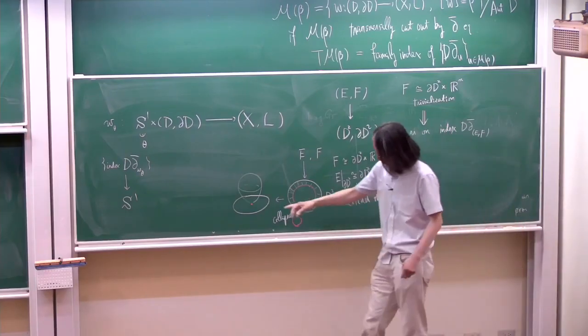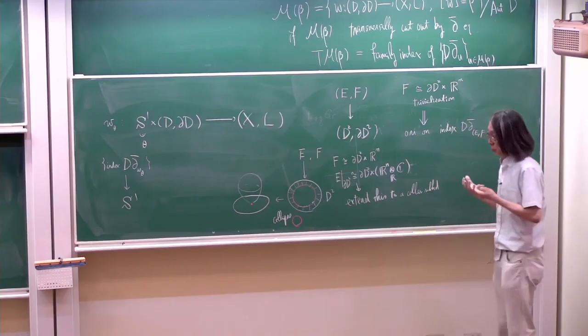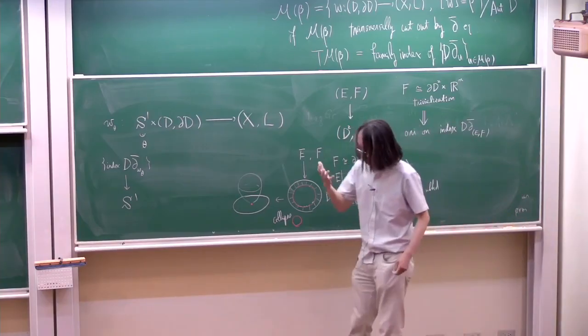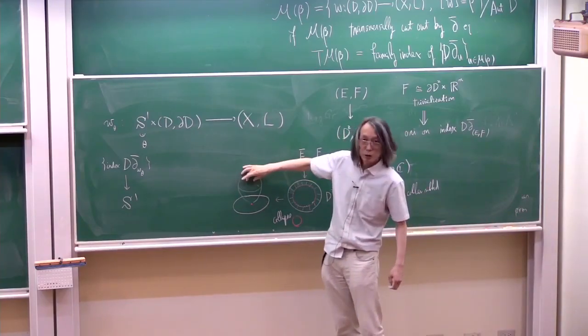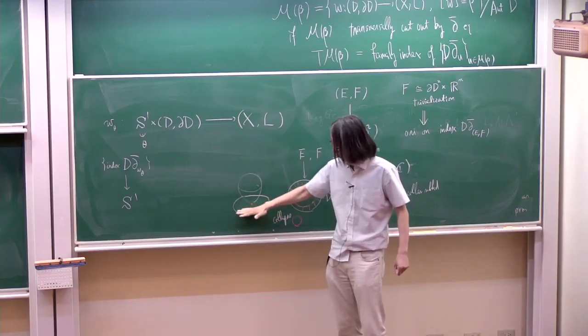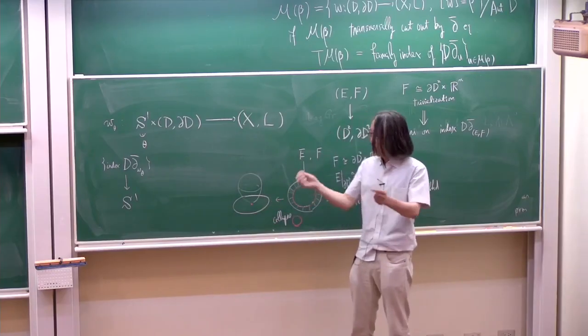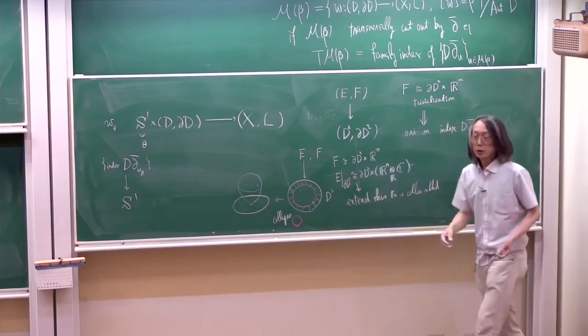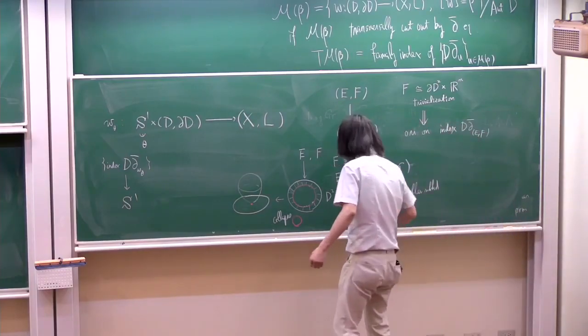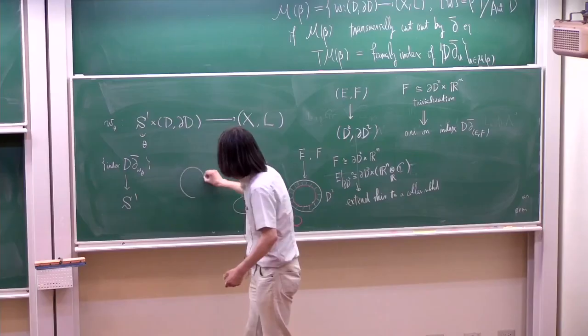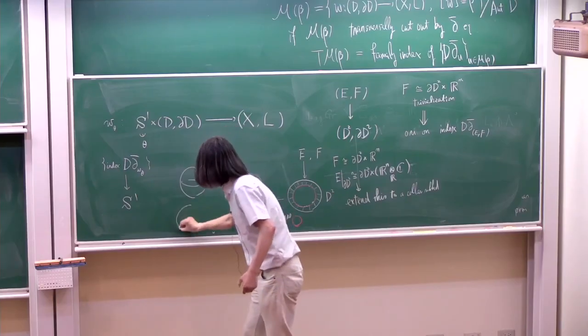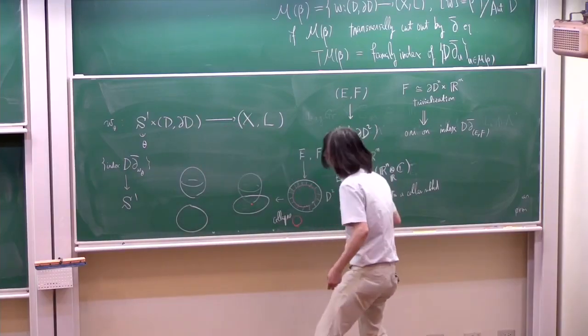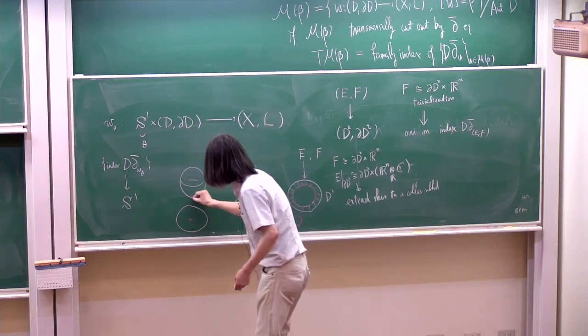Here we can consider a certain Fredholm operator: a D-bar operator on this P1 and a D-bar operator on the disk, and the values coincide at this red point. So I have these two things, one side is this, the other side is this.